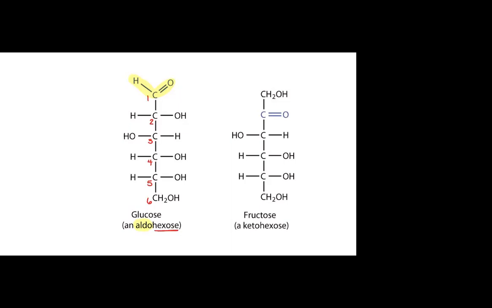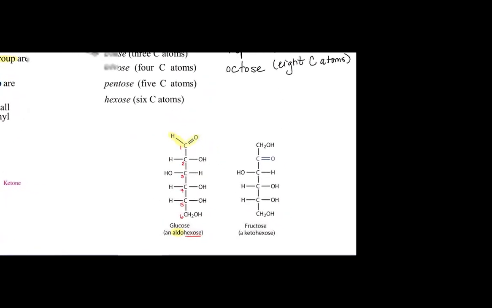In the case of fructose, when we look at this, it has a ketone in its structure. That's why we see keto in front of the word that we utilize for the number of carbons.